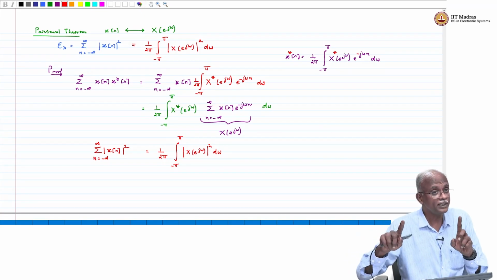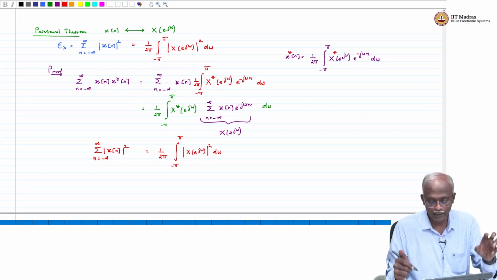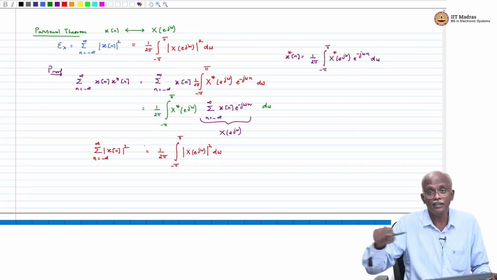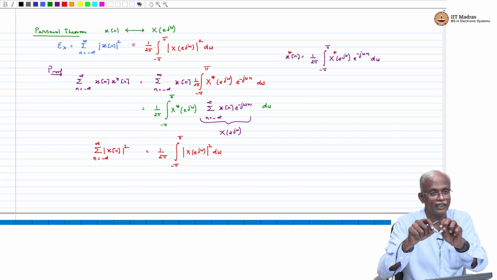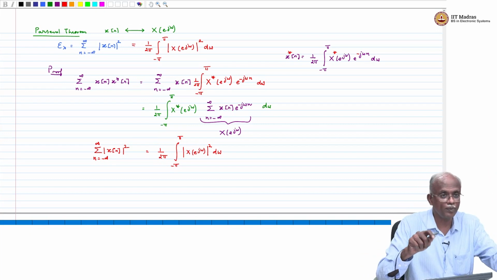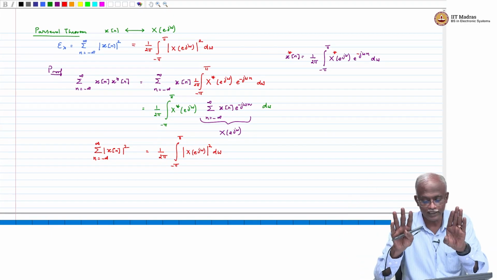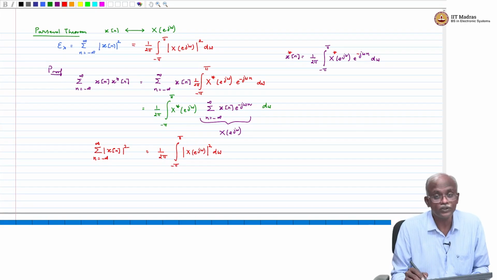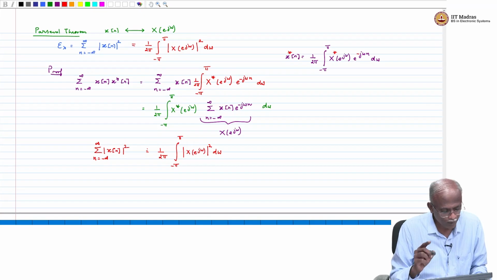Parseval's relationship is not a discrete time Fourier transform. It is a computation of the energy. So, this is not the arrow that shows a discrete time Fourier transform. It is actually an equal to sign. You can compute it in the time domain or in the frequency domain, and you will get exactly the same result. So, this is an equal to sign, not a transformation sign. That is very important to note.